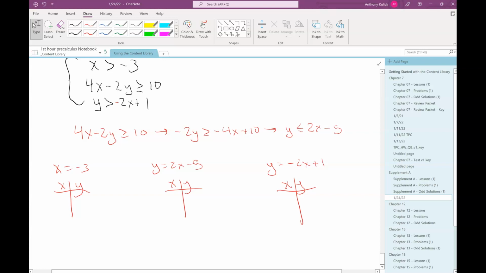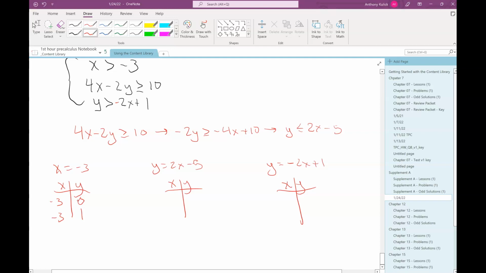So when I have something like x equals -3 and there's no y spot, what does that mean? Well, this is describing a vertical line. If x equals -3, the x coordinate always has to be -3. The y coordinate, since there's nothing there, can be whatever we want it to be.